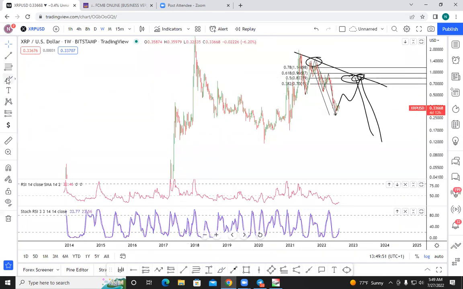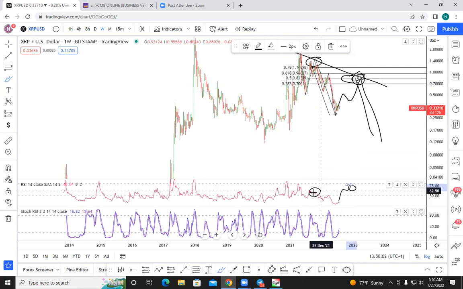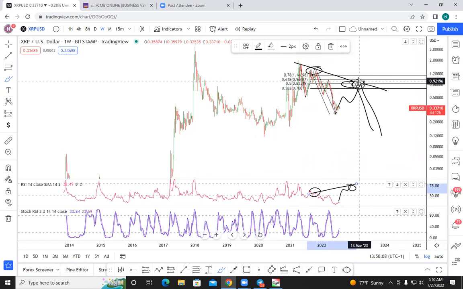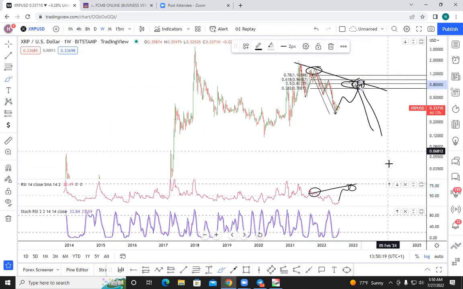If at this high corresponding to this level, you have this lower high and it's corresponding to a higher low, look at it. That is a bearish hidden divergence, and that's the appropriate level to take it to the downside. All you need to look at is, do you have a bearish engulfing here and all those things. Once you have all those things, you are good for the downside.